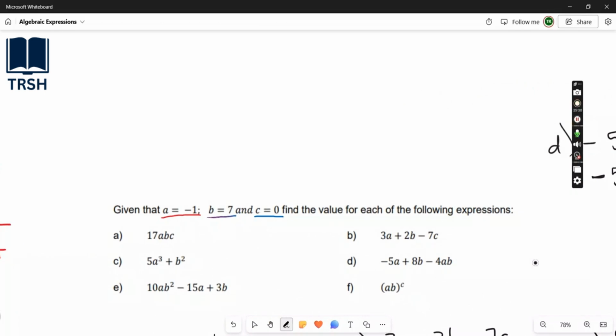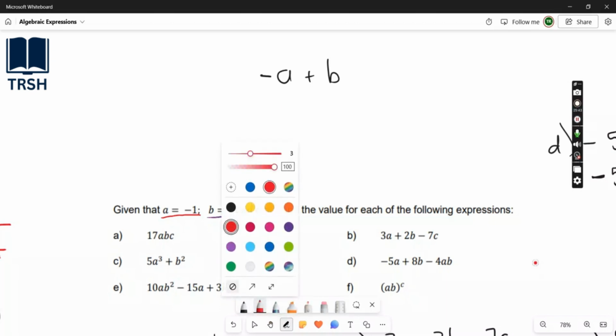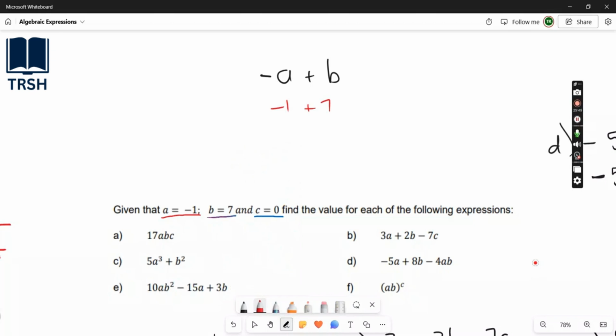If we get a case, and this is not in the questions, but let's say we need to say -a plus b, for example. The reason why I say you need to put in bracket is because someone will just say -1 plus 7, and then they get the answer, because a is -1, that's correct, and b is equals to 7. But you're forgetting the fact that we had this negative.